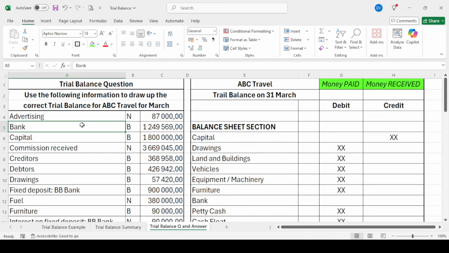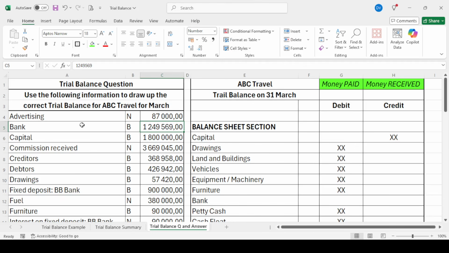The next one is bank. Okay, so let's just talk about that for a moment. There wasn't any specific instruction in this question to say that the bank is in a positive or the bank is in a negative. They didn't say anything. If the question doesn't specify, you can safely assume that the bank is positive.